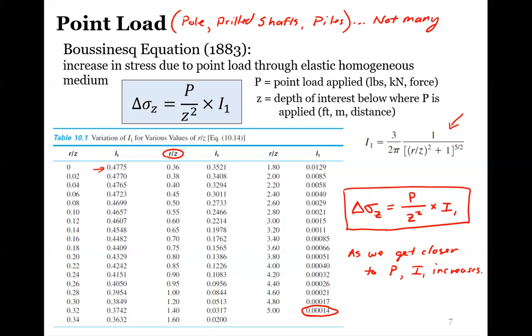So point loads aren't often used, but you may still need them. But usually when you're designing these, you're thinking of a rough estimate, because these piles and drilled shafts and poles, like telephone poles, although they still look like a point, are still physically distributed across a cross-sectional area.